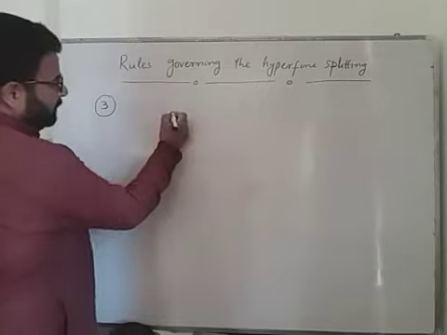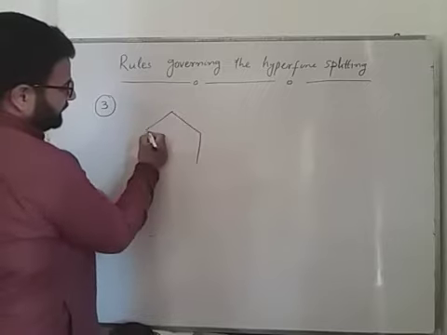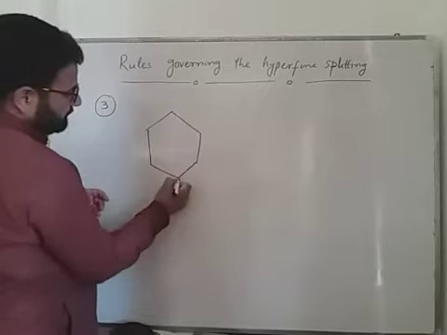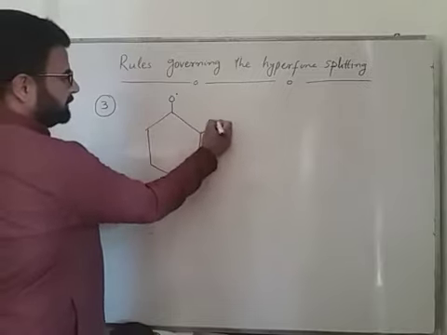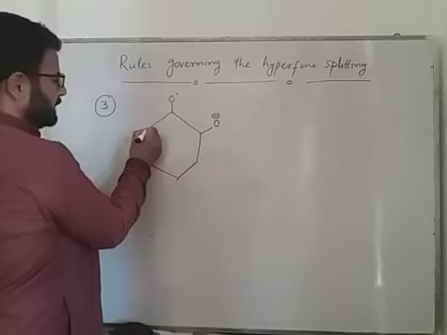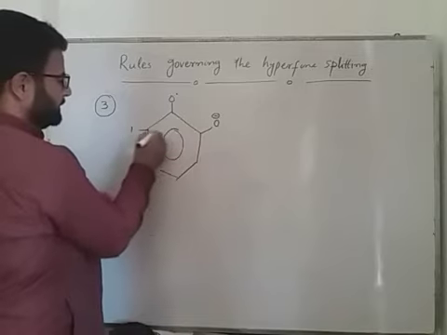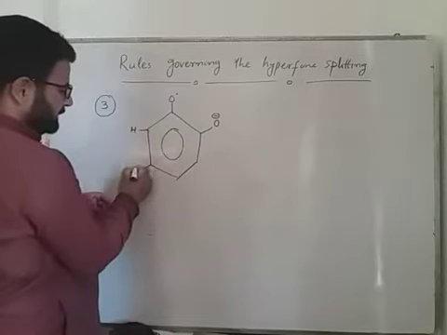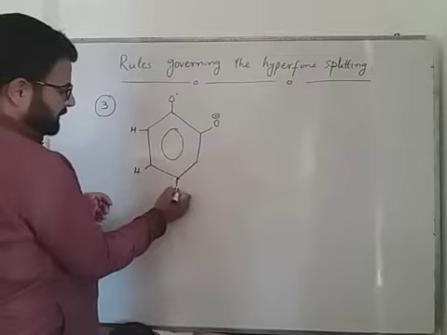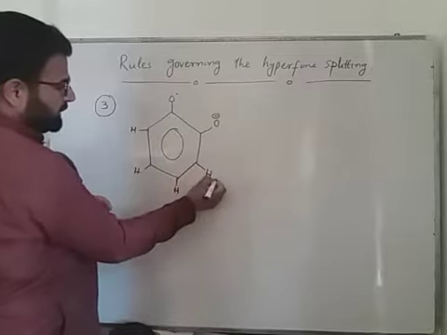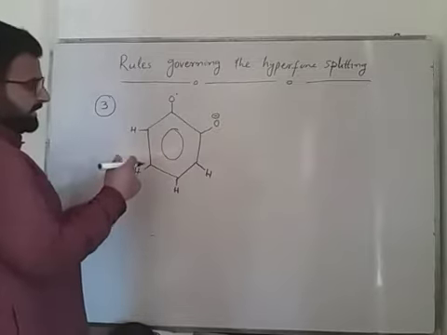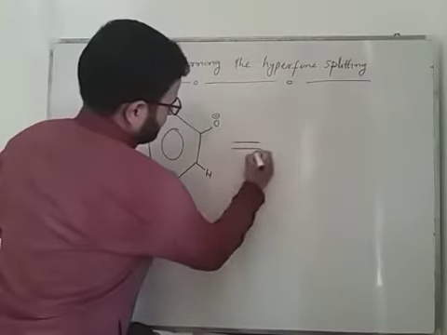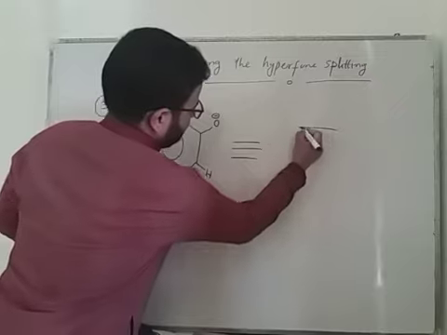For example, we have this type of system where we have a free radical over here, so O negative, and here this is H, hydrogen here and hydrogen here. So here you can easily see that it can be actually also shown like this.